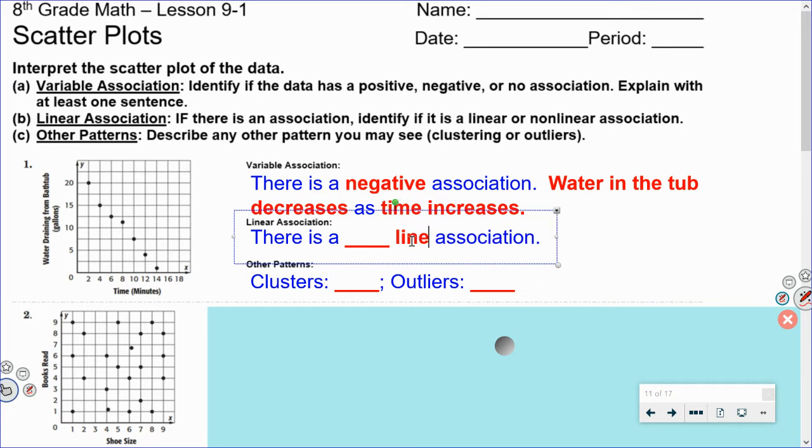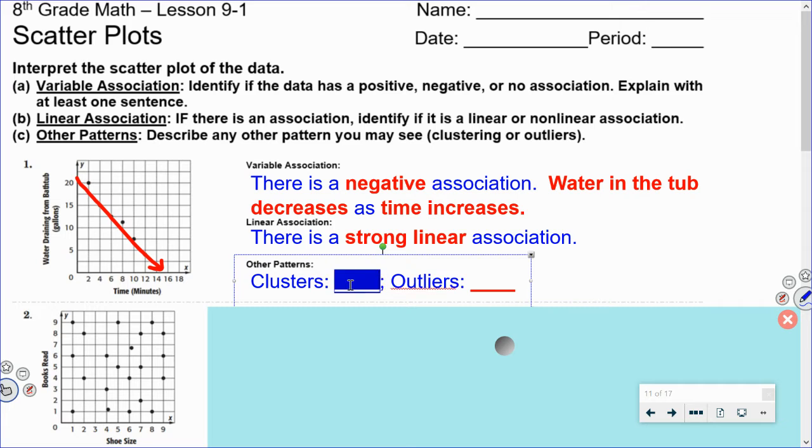Now, I do believe that we could draw a decently strong line through this. In fact, if I do that, I want you to notice how closely all those data points are. And if they're close, then I'm going to even use that word strong linear association.